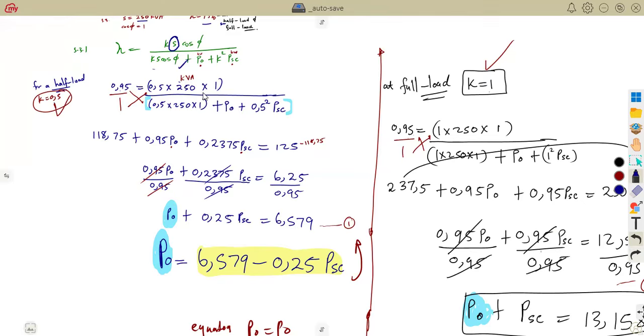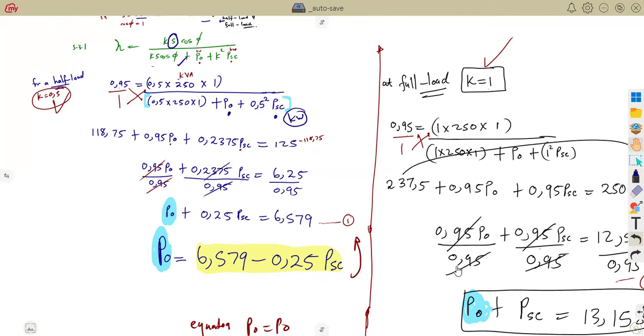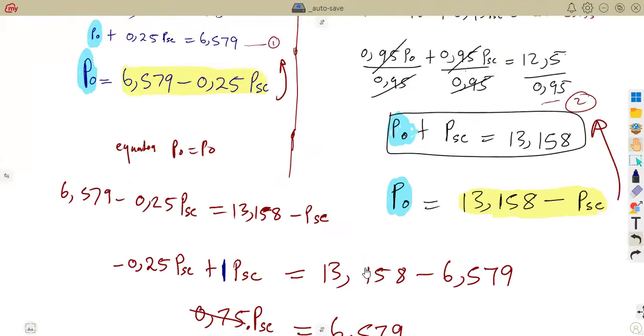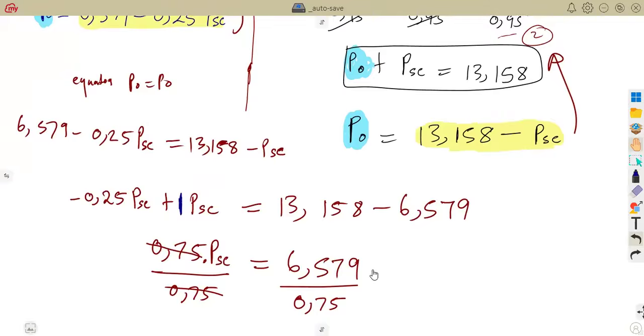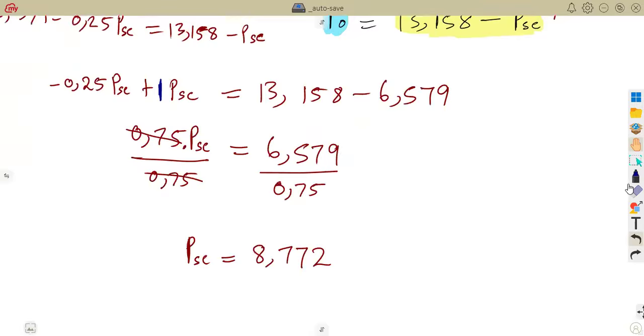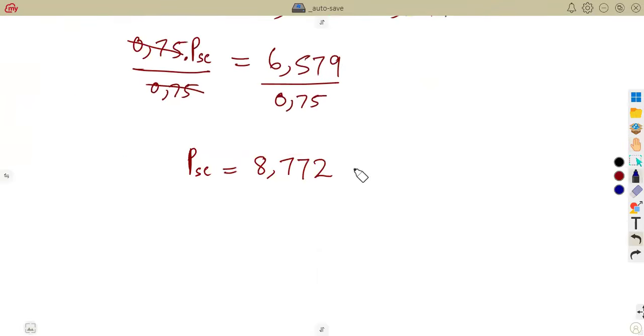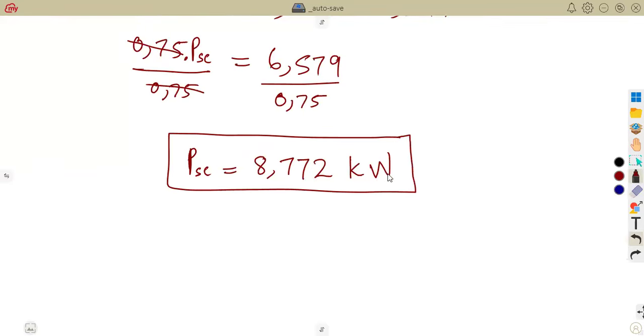So if it is like that, your open circuit and short circuit will be in kilowatts. So this is automatically in kilowatts, not only watts, but kilo. Take note because of what you substituted.